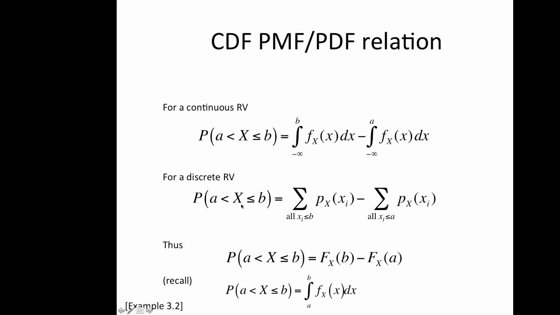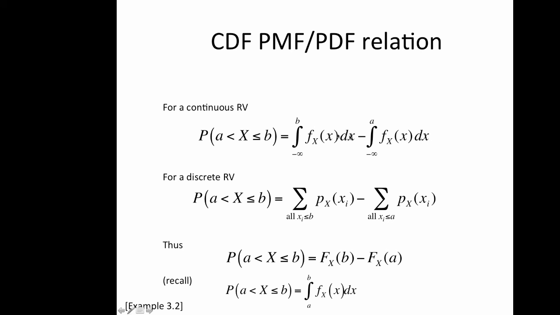The probability that x will take on values less than or equal to b and greater than a is simply the sum of the PMF for all x less than or equal to b, minus the sum of the PMF of x for all values of x less than or equal to a.